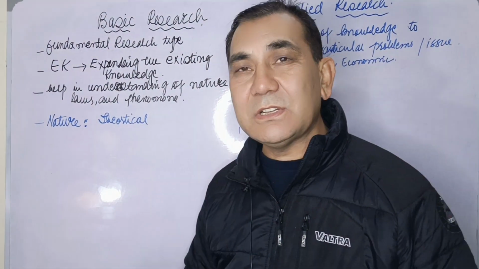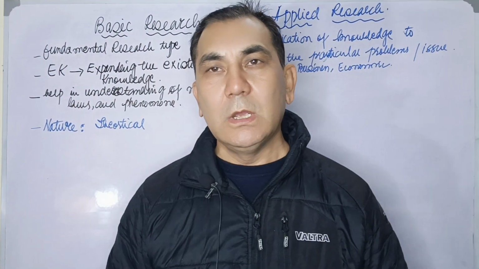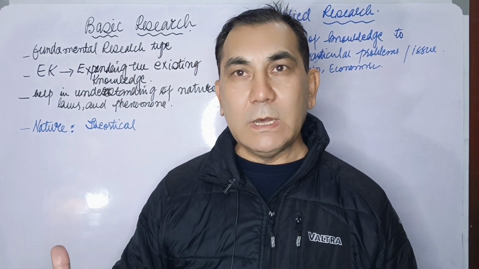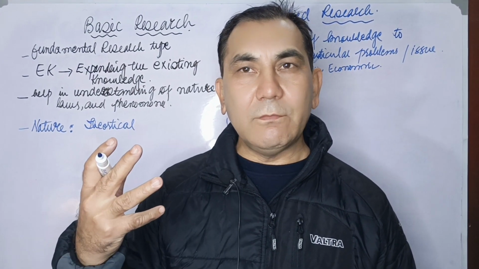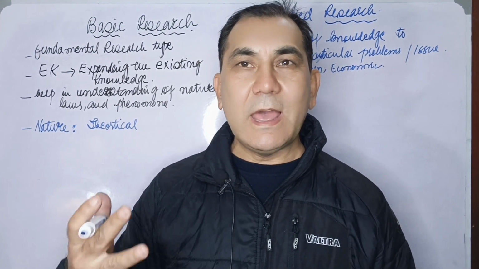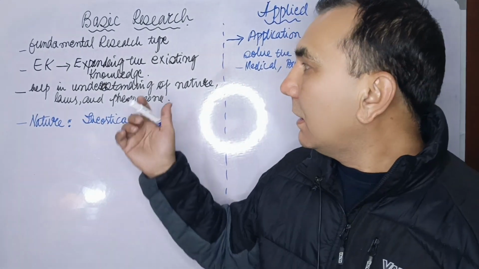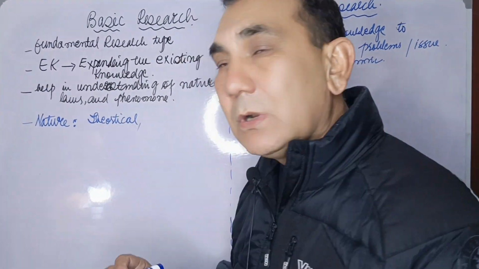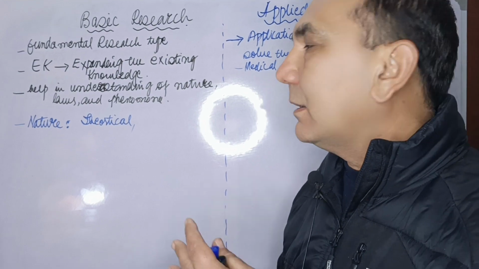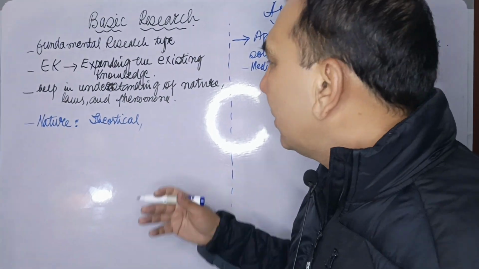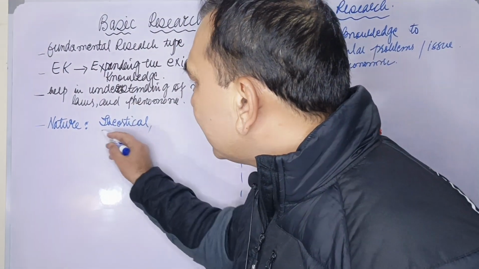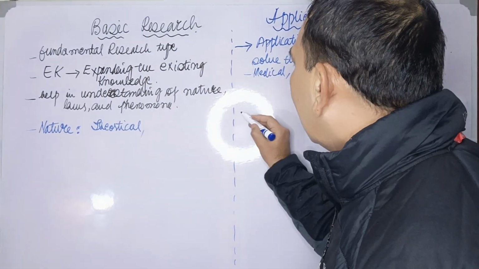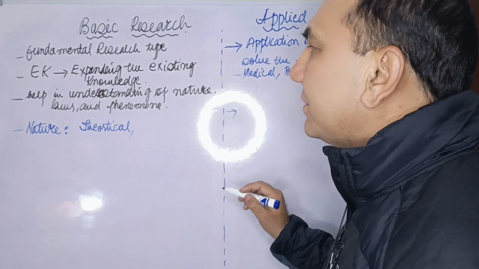Because basic research is mostly used to develop theory, or to develop new phenomena, or to understand the phenomenological nature of laws, and to construct a new theory or develop new laws. So that's why the nature of basic research is mostly theoretical.